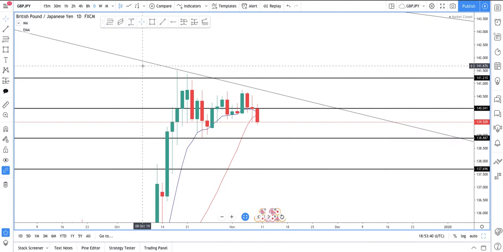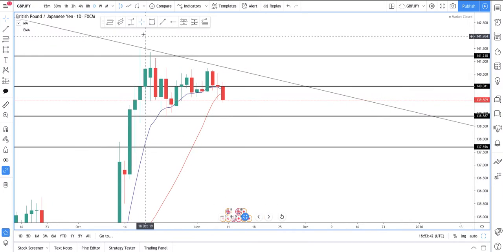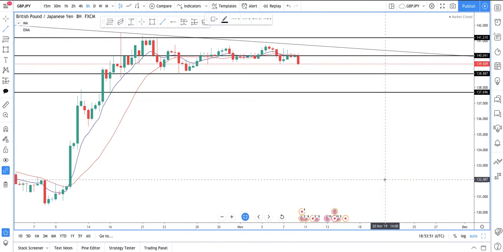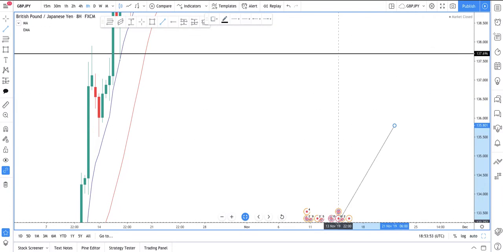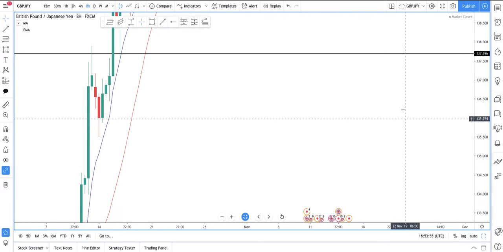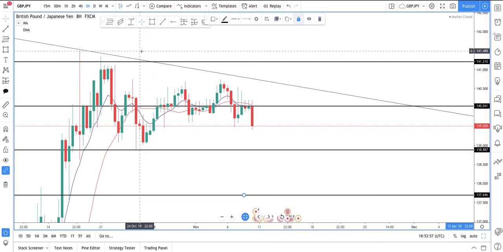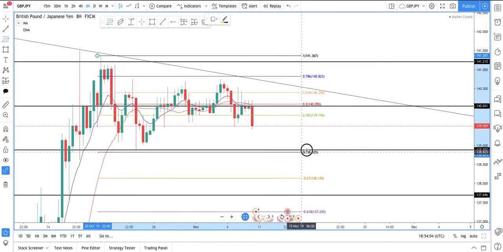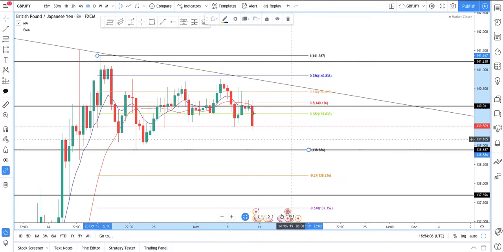So we're going to go down to the 8 hourly time frame. This is how I put my Fibonacci tool here, and I entered here. Let's use the ellipse tool.